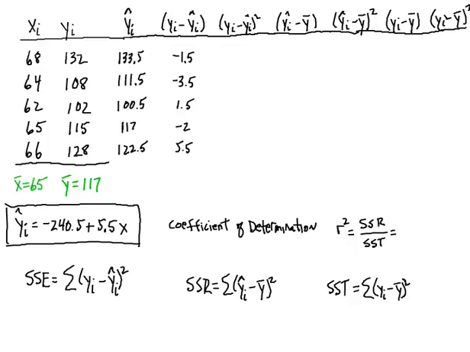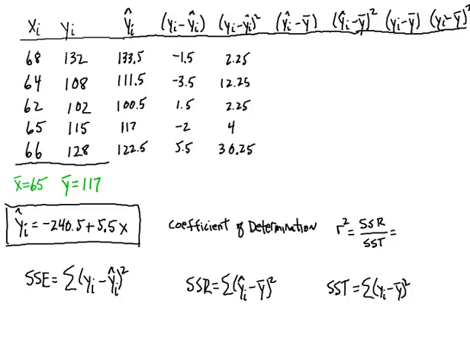Now I'll need to square these values, and I get 2.25, 12.25, 2.25, 4, and 30.25.